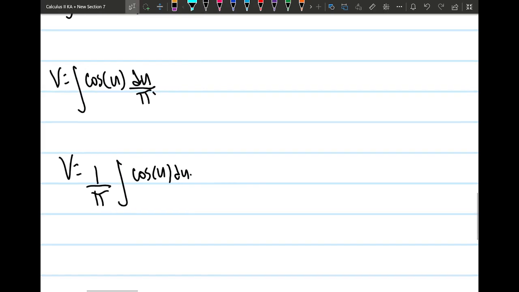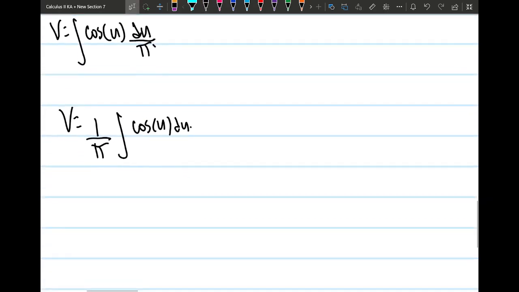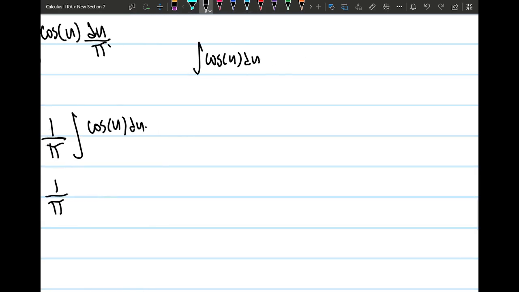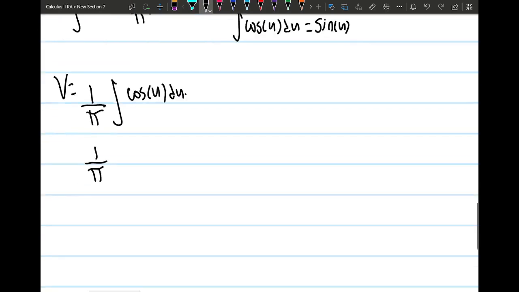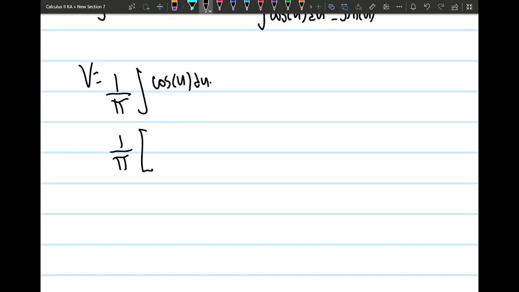And now we know that the integral of cosine of u du, from our common table of trigonometric integrals, is sine of u. So it's going to be 1 over pi times sine of u, and then plus our constant of integration c. But again, we don't need that because we're trying to find v at the end of the day.